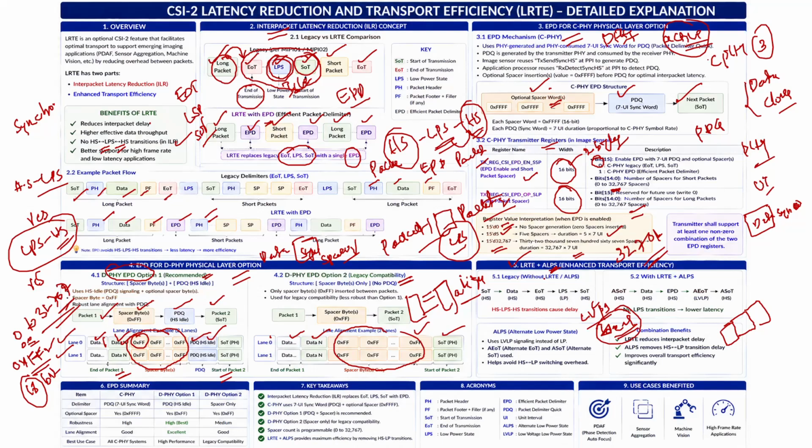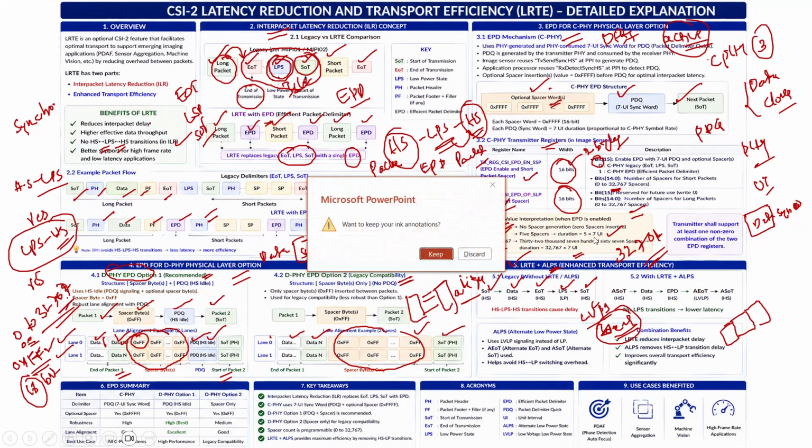Your laptop never goes to idle state or sleep mode; instead of shutting down, it will be in active state only. Clear. So this is the start of packet data, end of transmission, then low power state, and start of transmission. This way we are transferring the information.